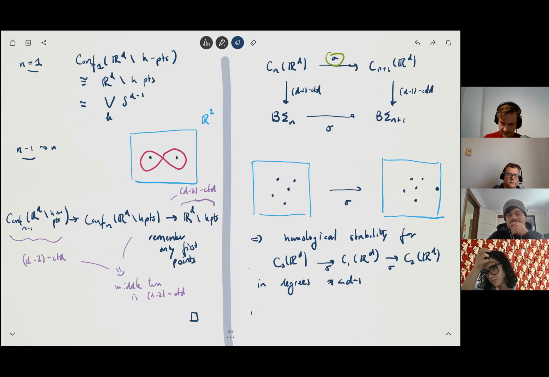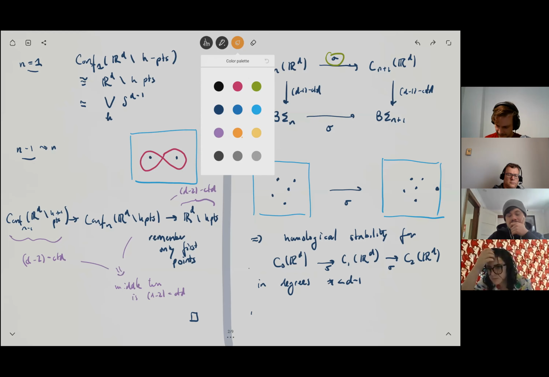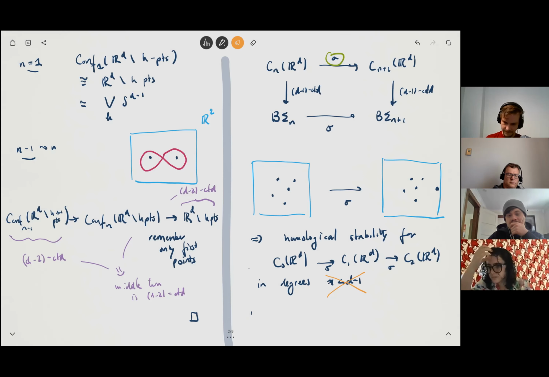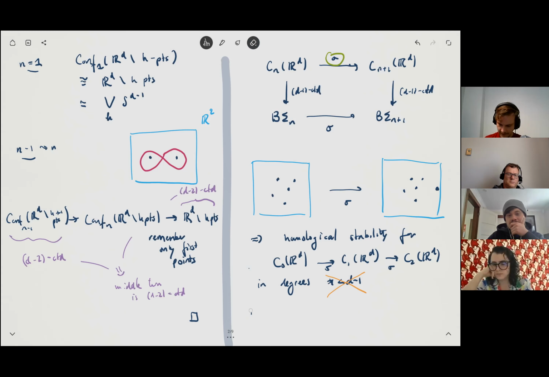So there's plenty of different arguments that remove this restriction and say that these spaces exhibit homological stability. It's also true that all the stabilization maps are injective, which is proven in the same way as for symmetric groups. So that's an exercise. Okay, so the configuration space of unordered particles in Euclidean space satisfies homological stability.